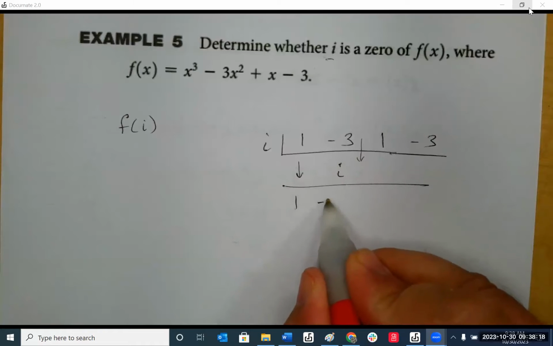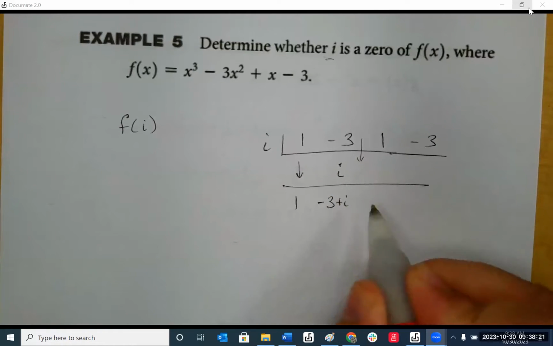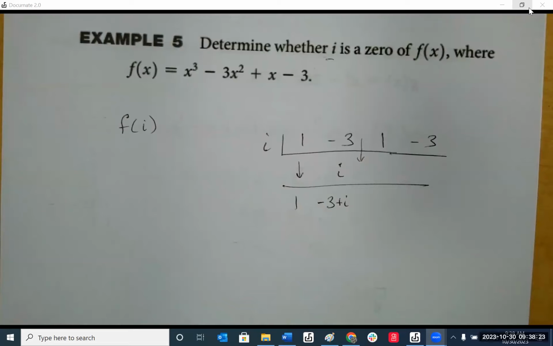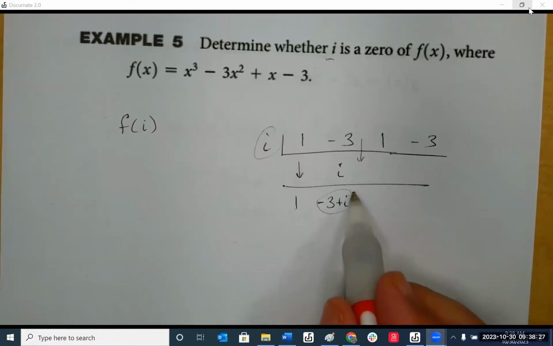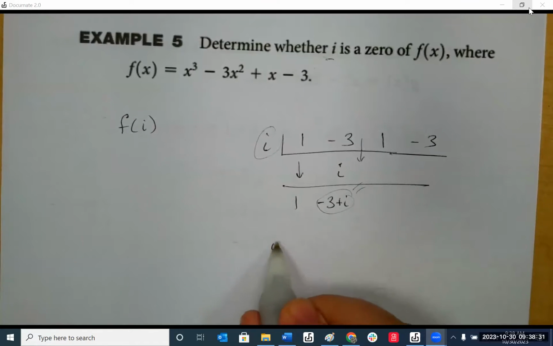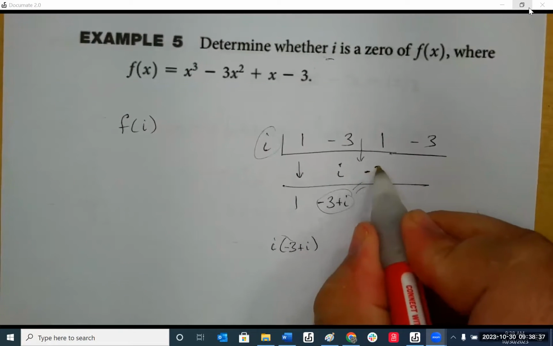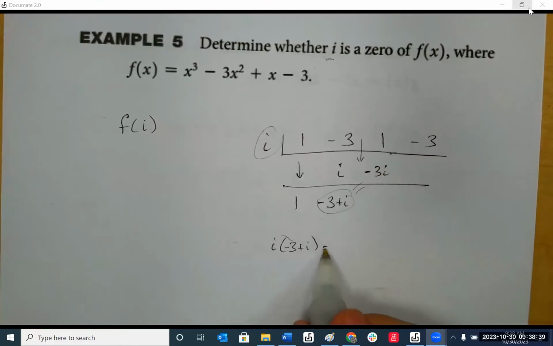Add it straight down, so you have -3 plus i. i times -3 plus i times -3 is -3i. i times i is i squared, which becomes a -1.